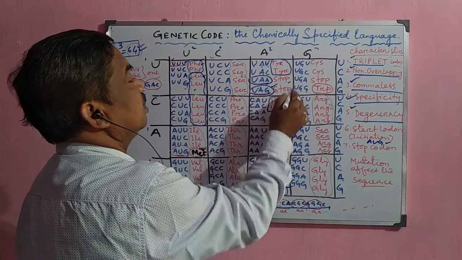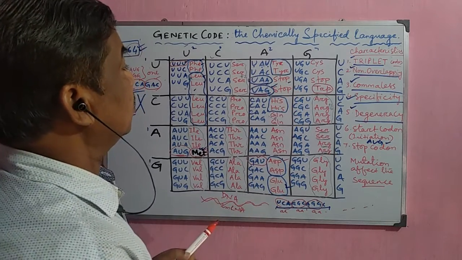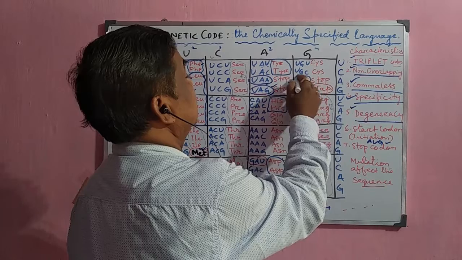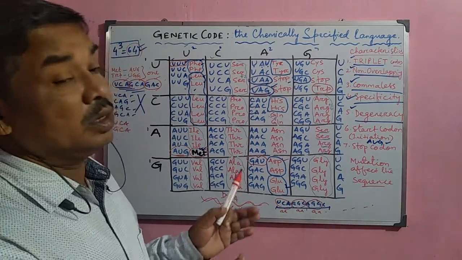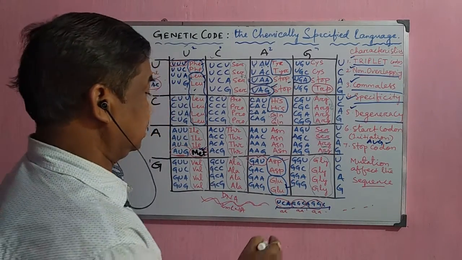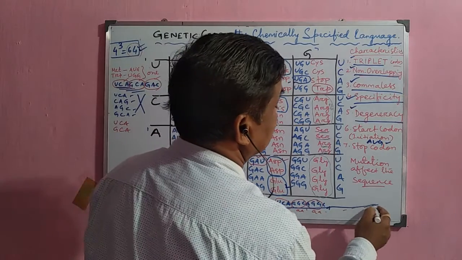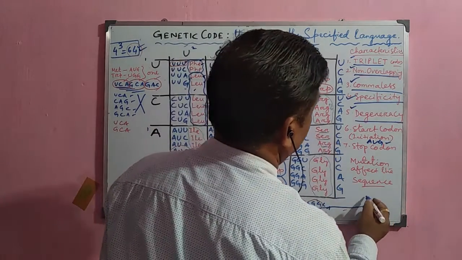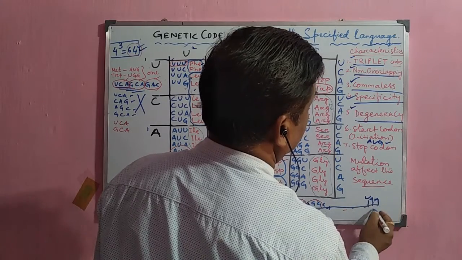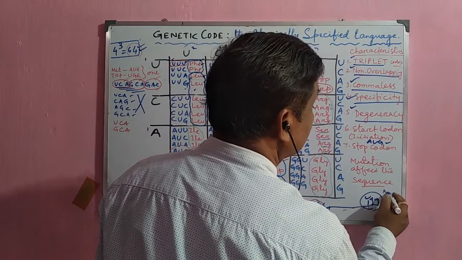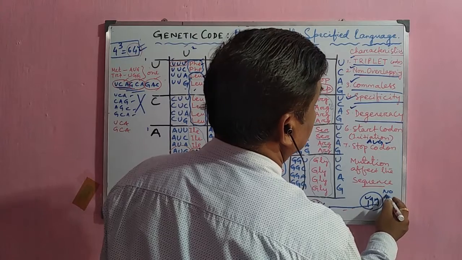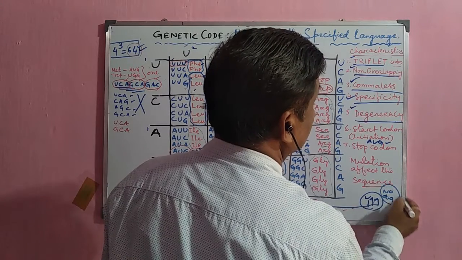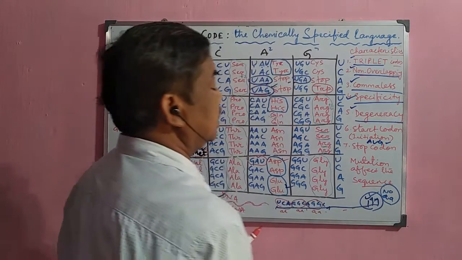These are stop codons, and there is another one here. When a stop codon appears in the mRNA chain, suppose it is UAA, no amino acid will be coded for this.